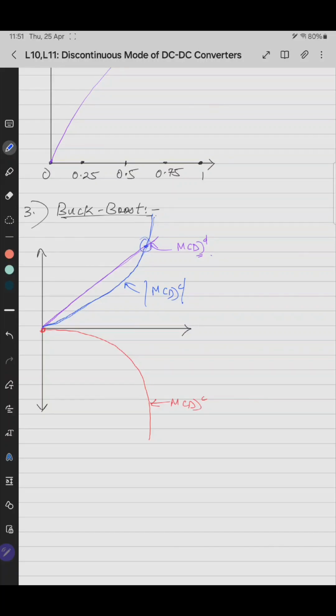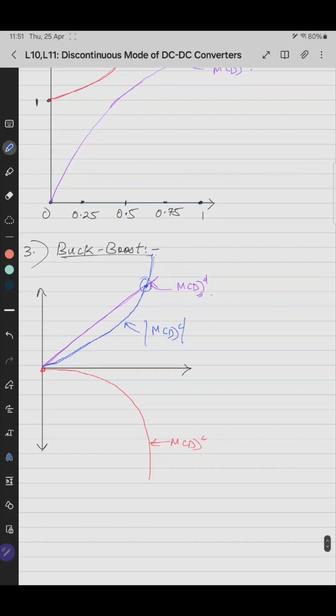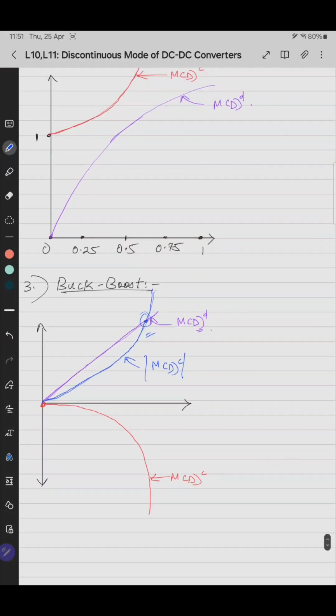Then you will get something interesting. You will observe that at less duty ratio, the discontinuous conduction gain is more than the continuous conduction gain. Then there is some advantage of operating the converter in DCM, because in discontinuous conduction mode we'll require less inductance and we'll get more DC gain. So where we want more gain, we can use DCM with a smaller inductance.